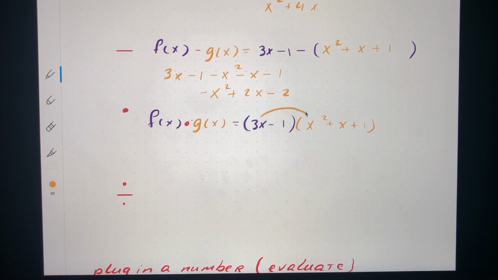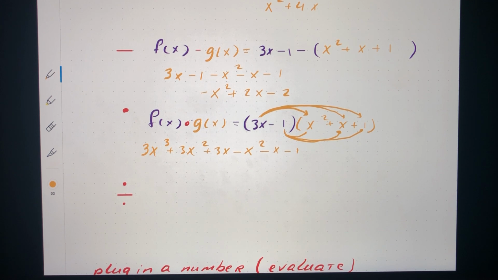So 3x times x squared is 3x cubed, 3x times x is 3x squared, 3x times 1 is 3x. Then negative 1 times x squared is negative x squared. Negative 1 times x is negative x. Negative 1 times 1 is negative 1.